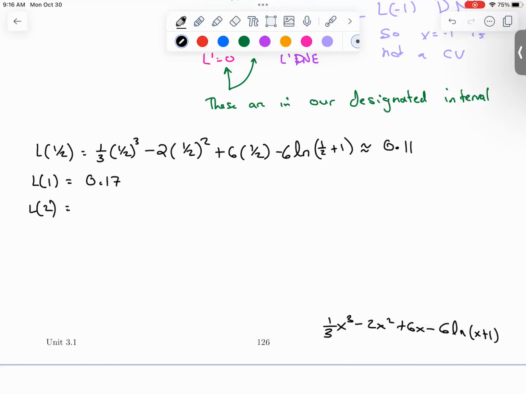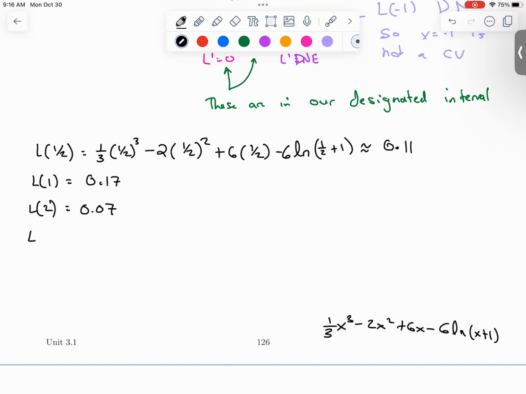So we'll plug in 2. And this one I get 0.07. That should be good enough to round to.